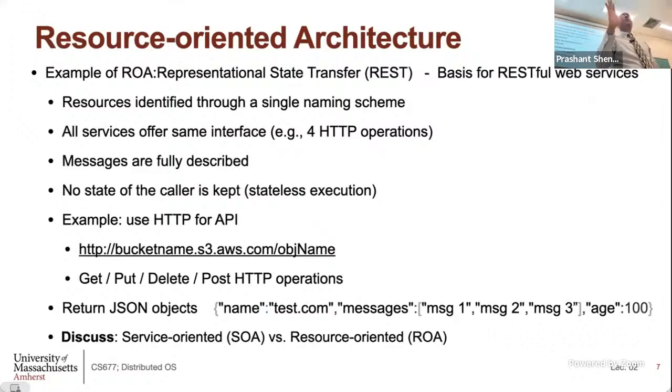So that's the basic idea: all of the resources that the application wishes to expose have a naming scheme, which in this case is URL-based, and you are going to use standard HTTP operations.